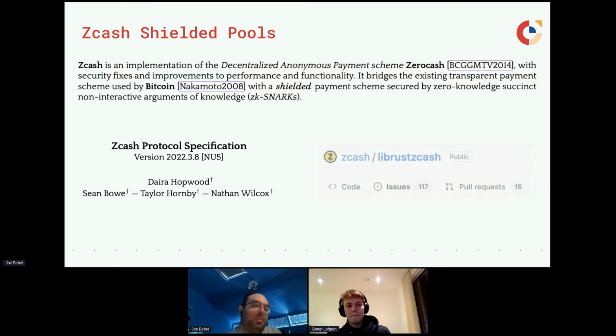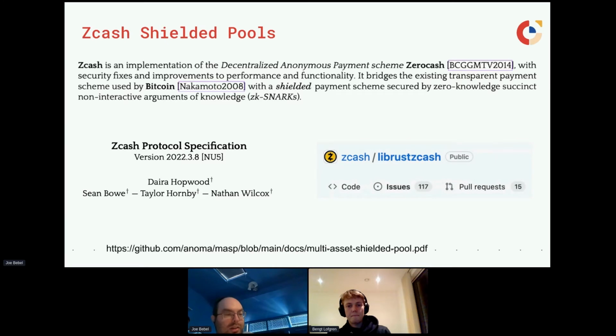And the best places to learn about shielded pools specifically are the Zcash protocol specification and the issues on the Librezcash repository on GitHub.